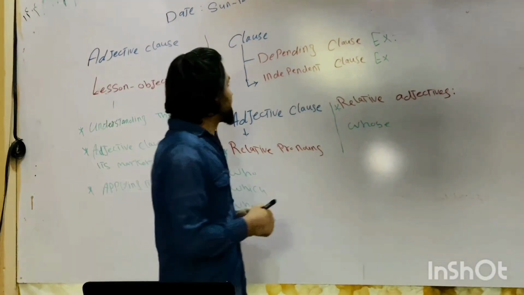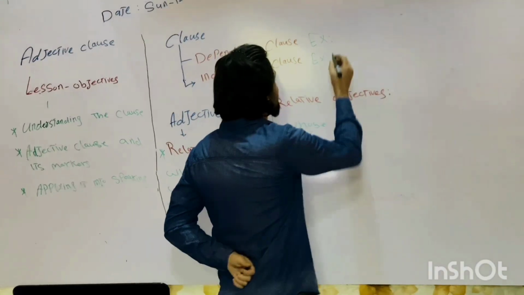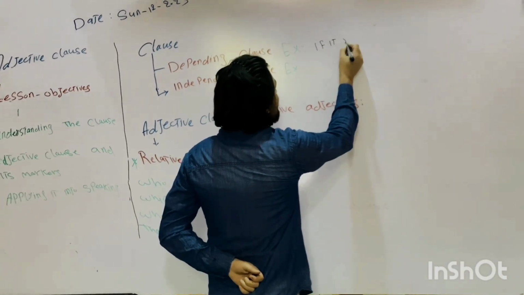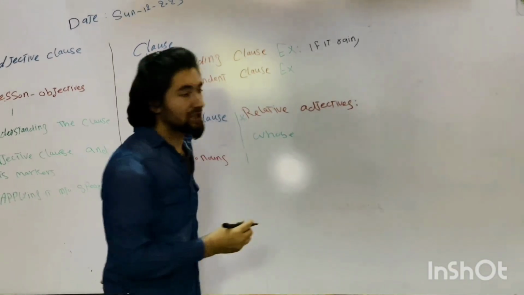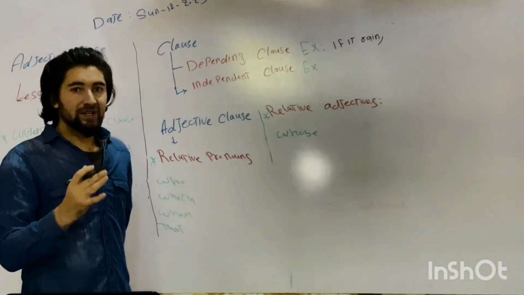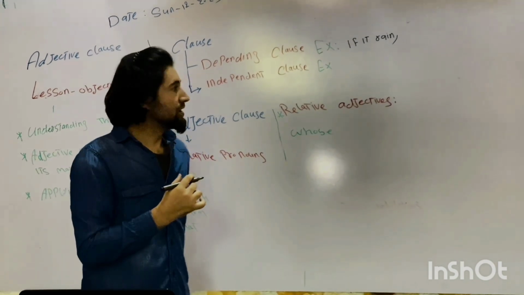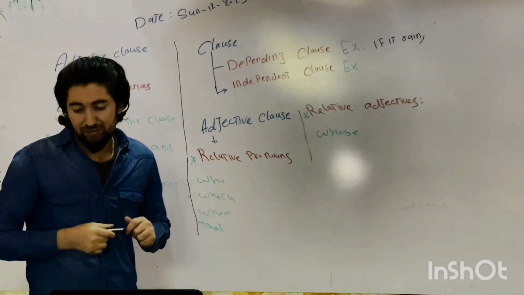For example, a dependent clause: how can we show an example? If it rains. What does it mean? If it rains. It doesn't give a full meaning. It is not a complete sentence. But an independent clause gives you a complete meaning.